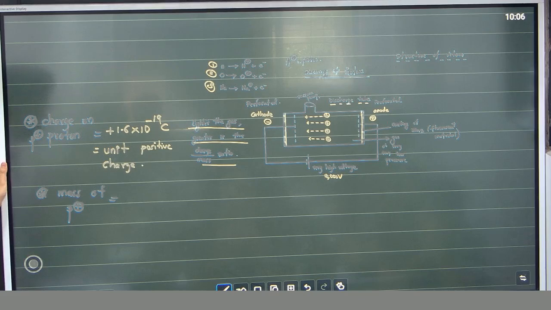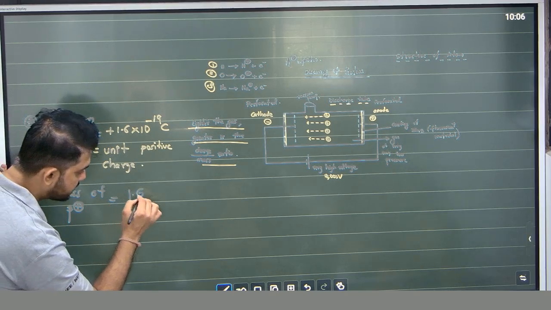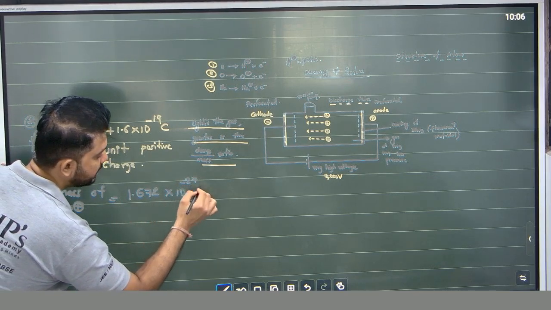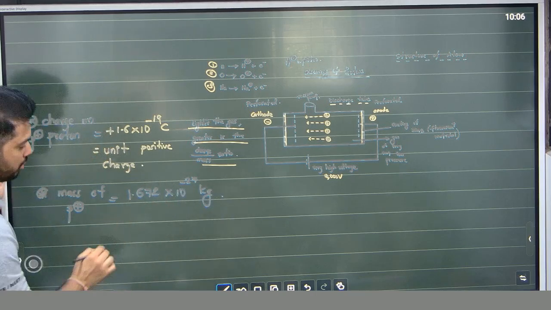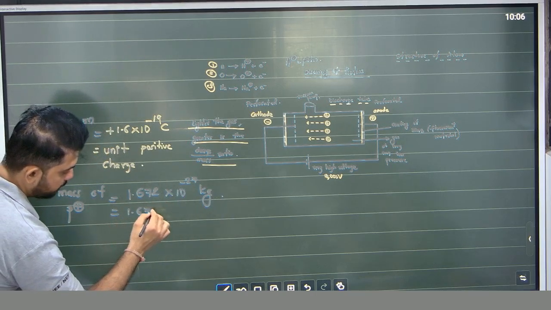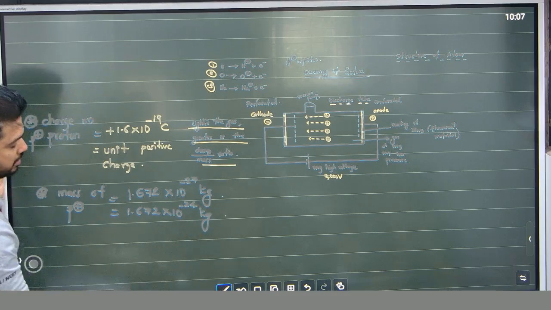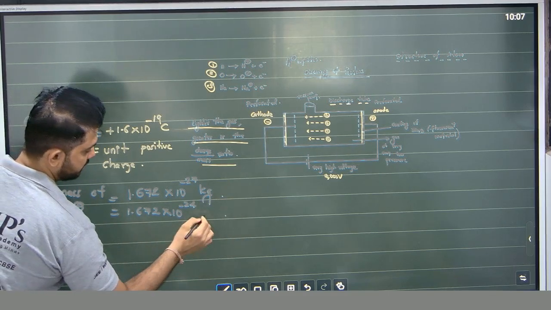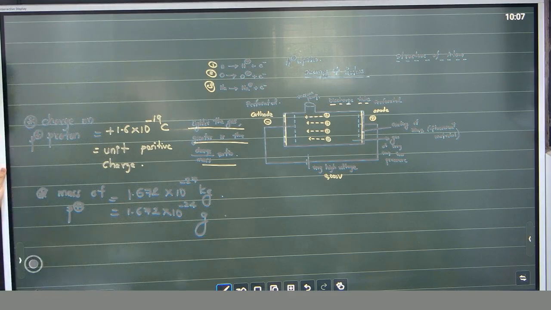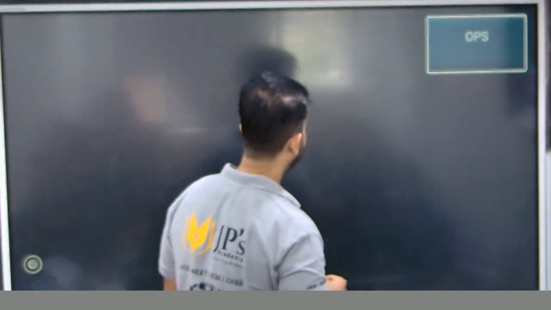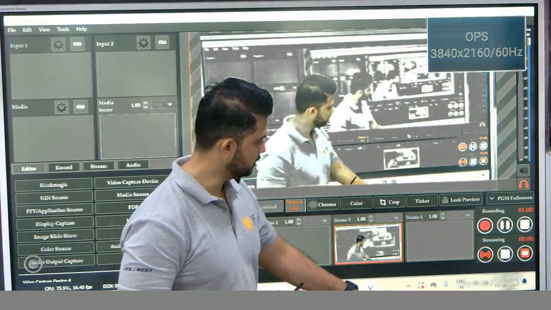Mass of proton: 1.672 into 10 raised to minus 27 kg. Oh, sorry. Did you people get that? Please write down the discovery of protons.